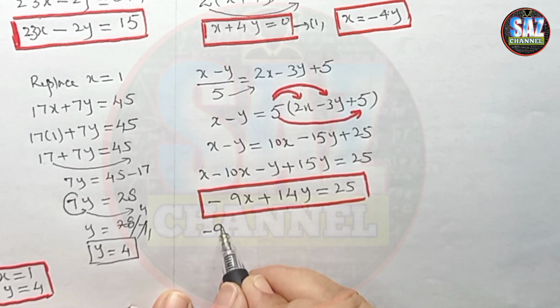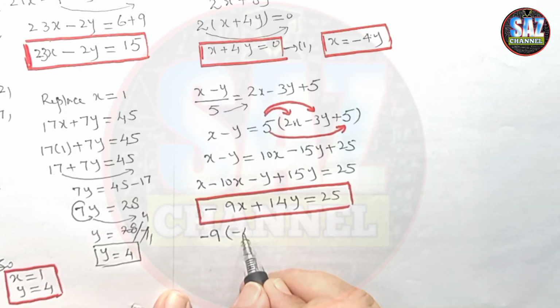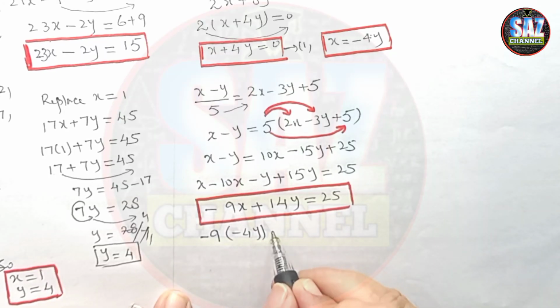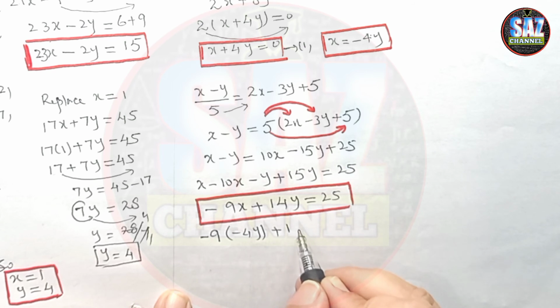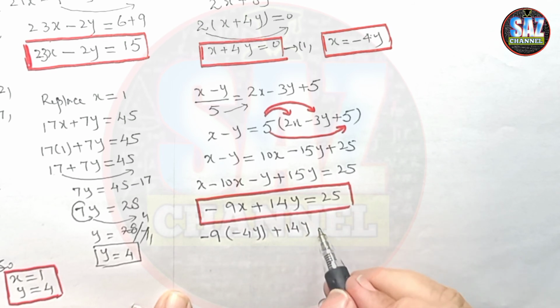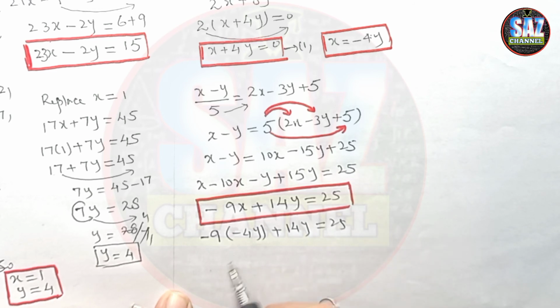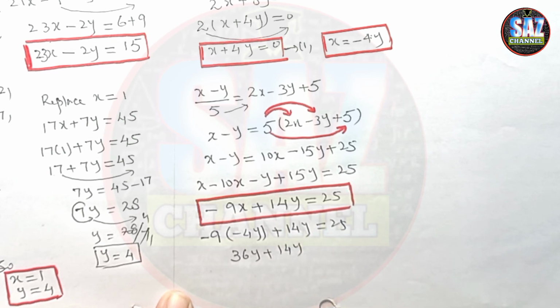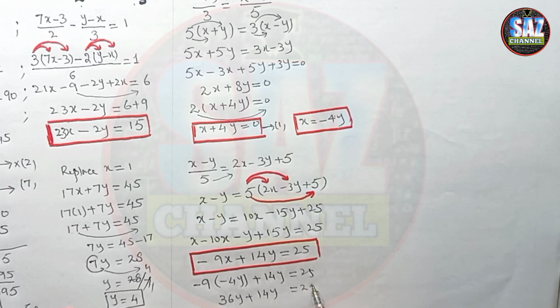So the equation will take the form minus 9 into minus 4y plus 14y equals 25. 9 fours are 36y plus 14y equals 25.